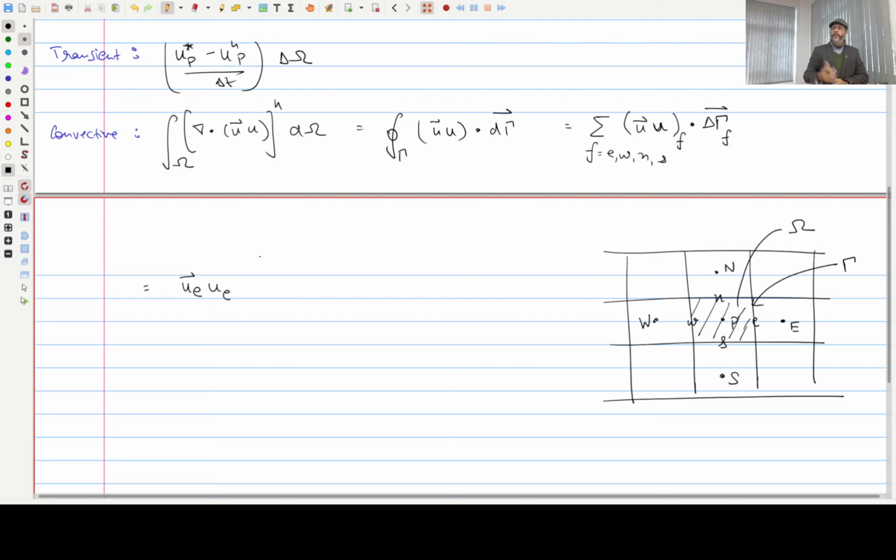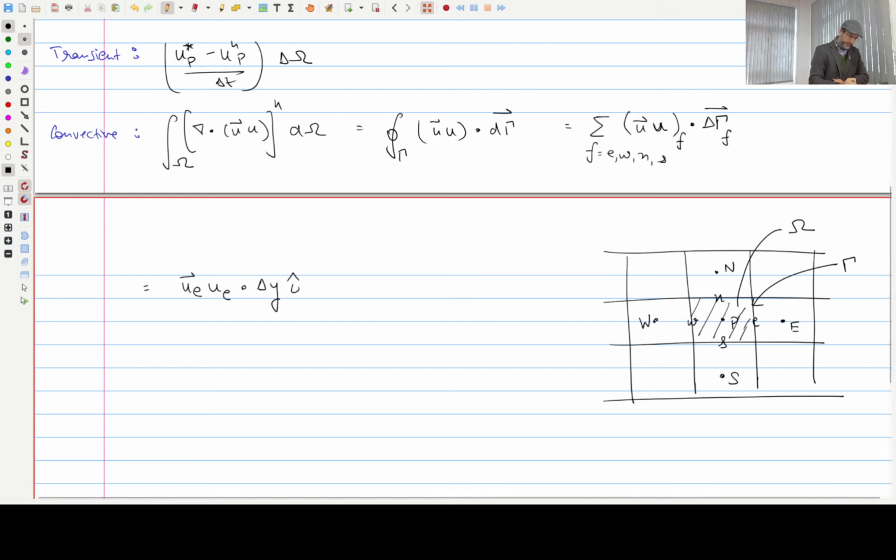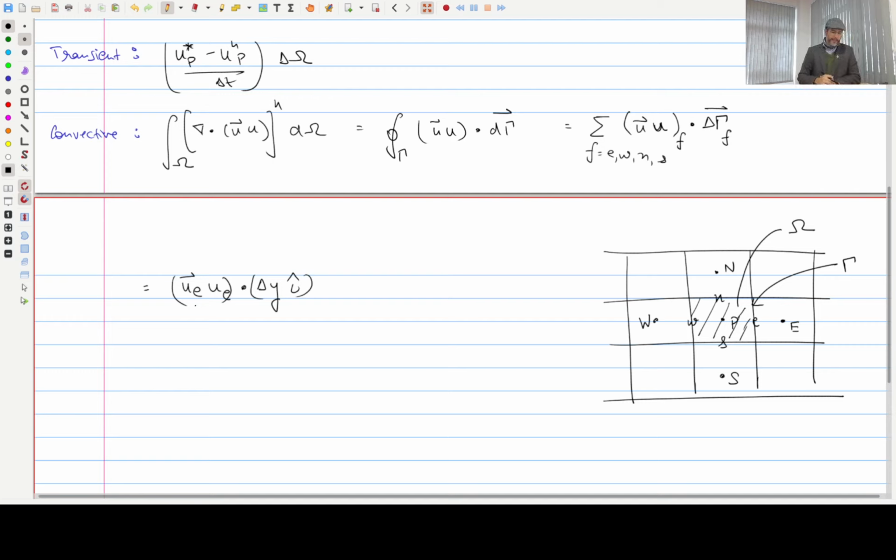So area in 2 dimensions becomes just a length. So it's delta y, that's the area. And what is the direction? The outward normal, I hat. So what is u vector times I hat? That's the x component, that is small u.